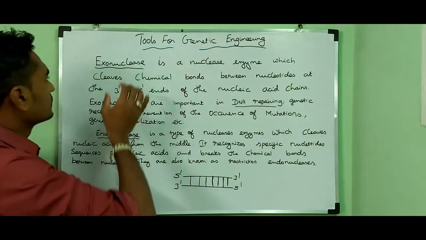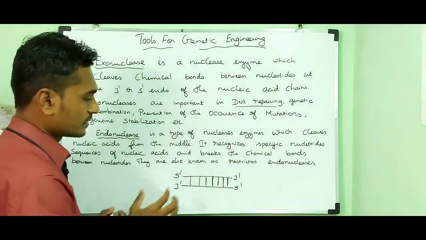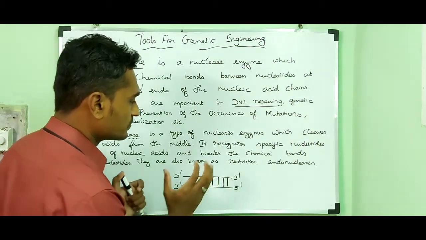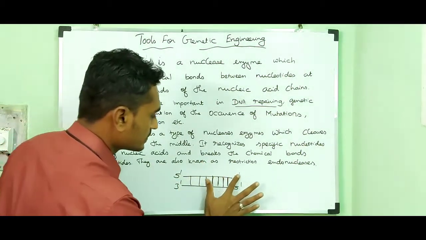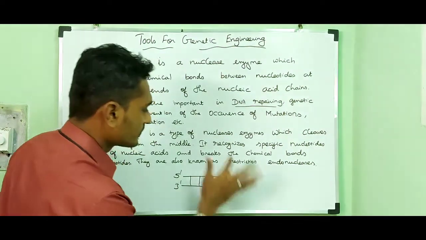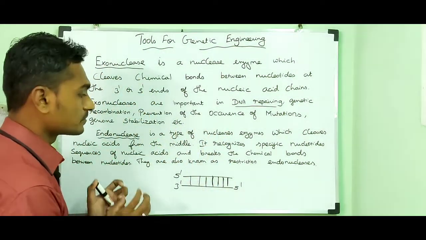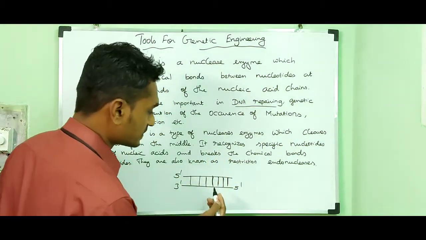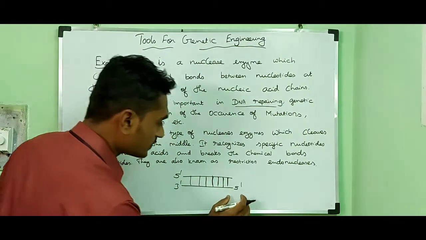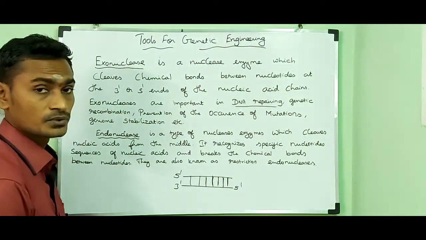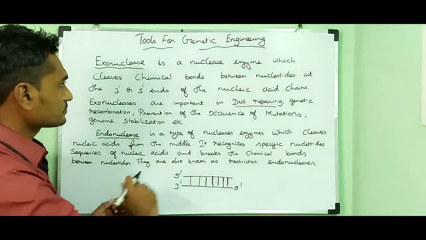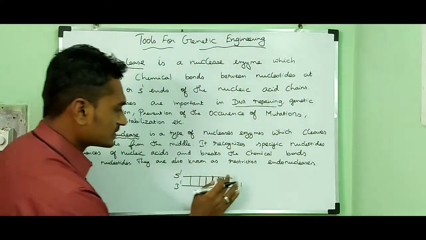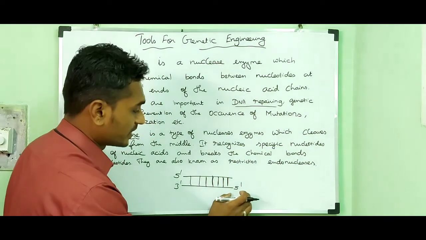If the exonuclease acts on the DNA strand, it makes a cut at the end of the nucleic acid, whether it is the 3' end or the 5' end.